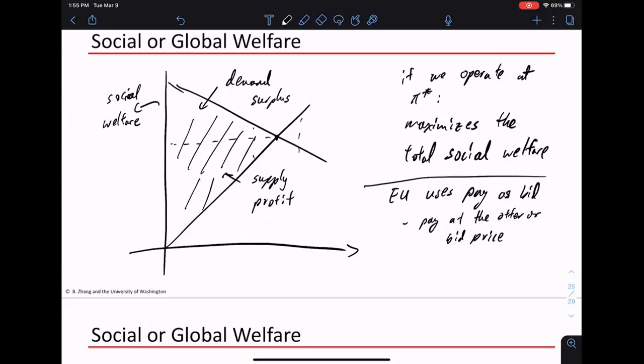So in some sense, you don't offer your true cost. Rather, you guess the possible clearing price, and you structure your bid and offer as close to that as possible. So that's the European model.